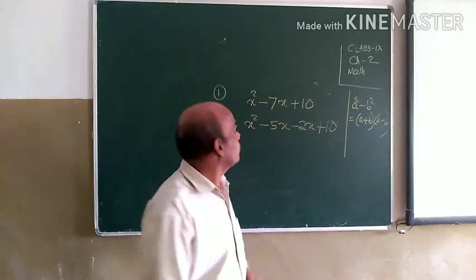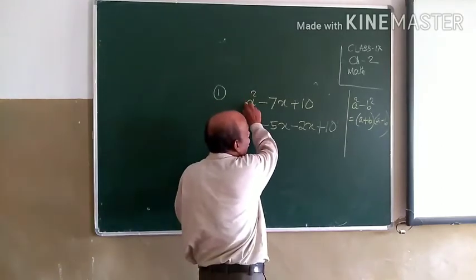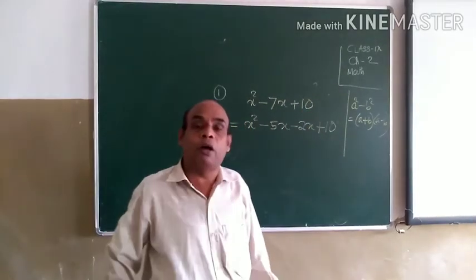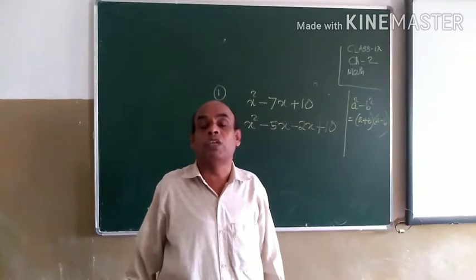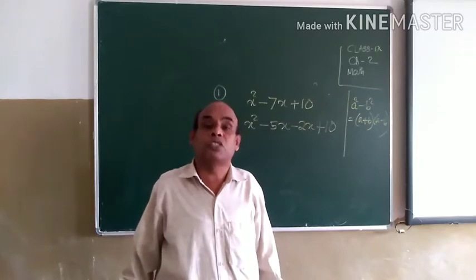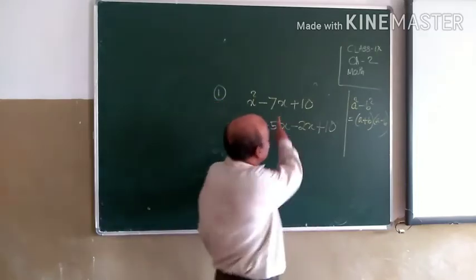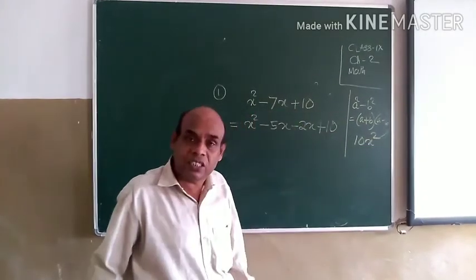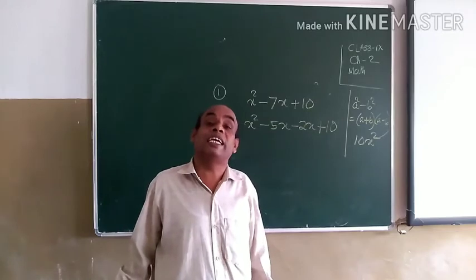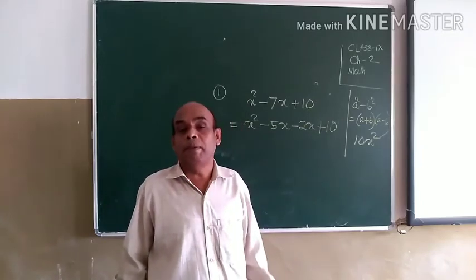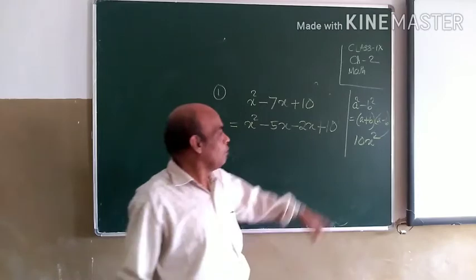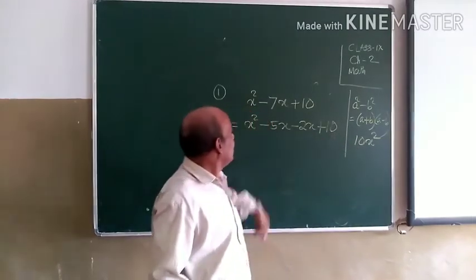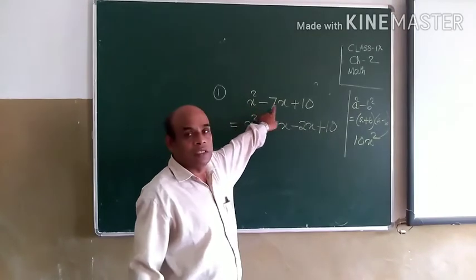And secondly, the x square term will be multiplied with the constant term. That you remember. So what are you getting? You are getting 10x square. If you are getting 10x square, you have to select two numbers. Remember, the product will be 10x square, and the addition will be minus 7x.